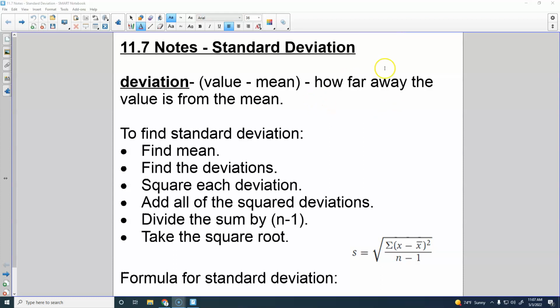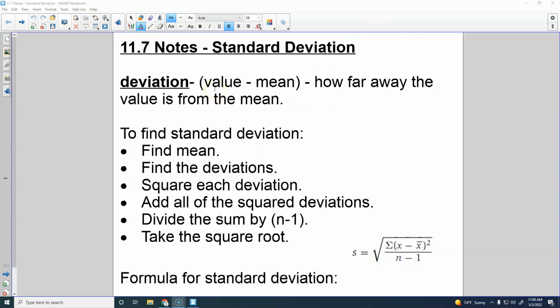All right. So deviation is the value minus the mean. How far away the value is from the mean. So one time we're going to find standard deviation by hand because I want you guys to understand where it comes from and what it is.